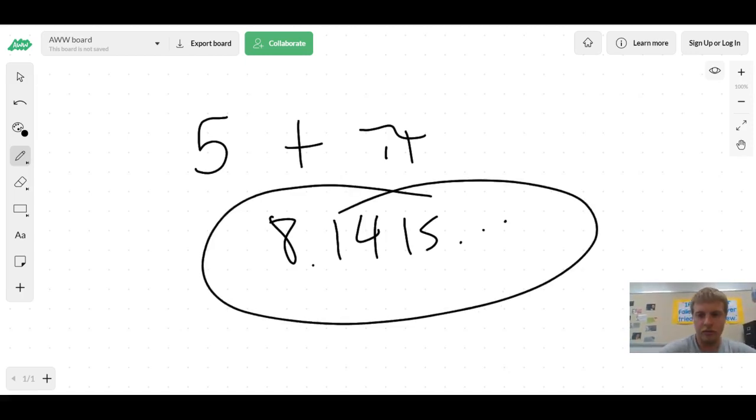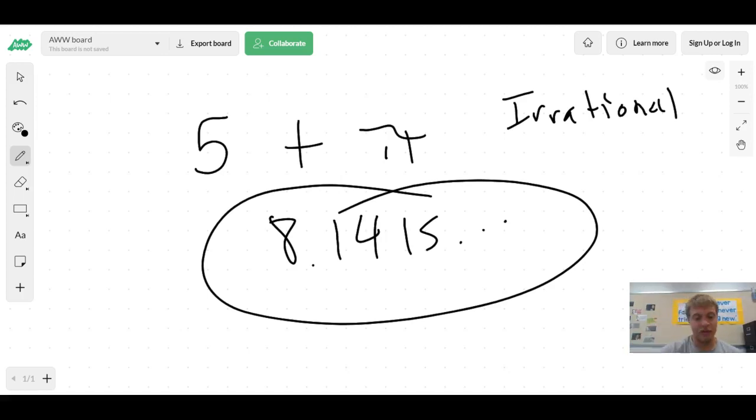Well, this would be an irrational number, and the reason is it is a non-terminating, non-repeating decimal. So if you add a rational plus an irrational, you get an irrational. That kind of makes sense because if you couldn't make that decimal stop before, it's not going to stop now by adding something that doesn't have a decimal.